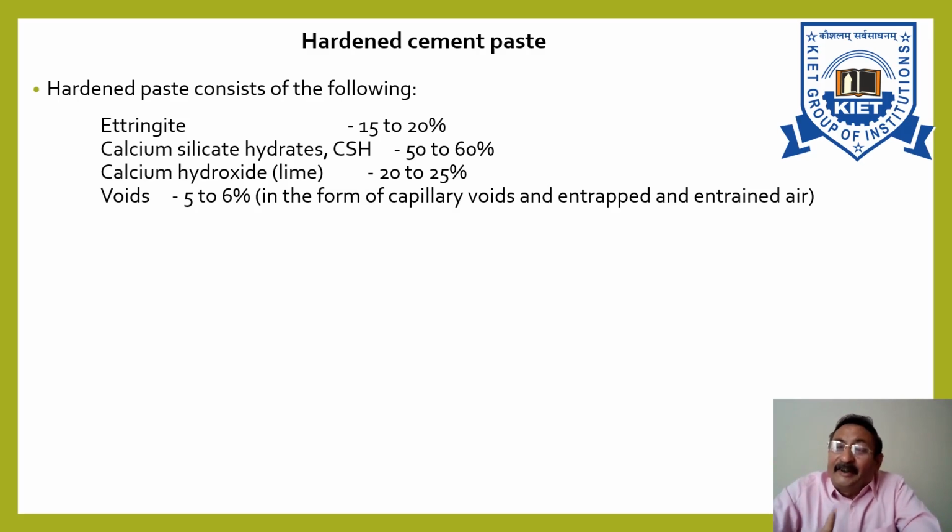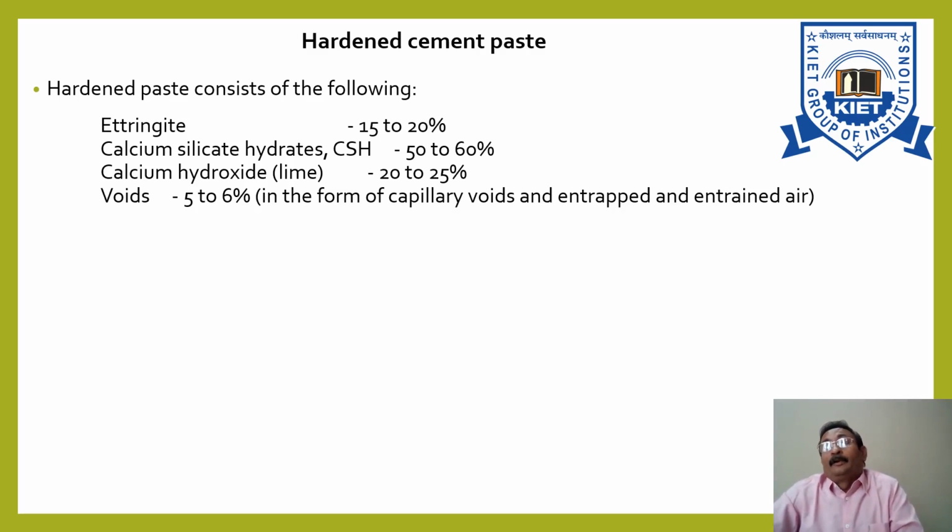Since it hydrates very fast, it contributes a little to the early strength. And we must know that 50% of total heat evolved occurs during the first 3 days of hydration only.